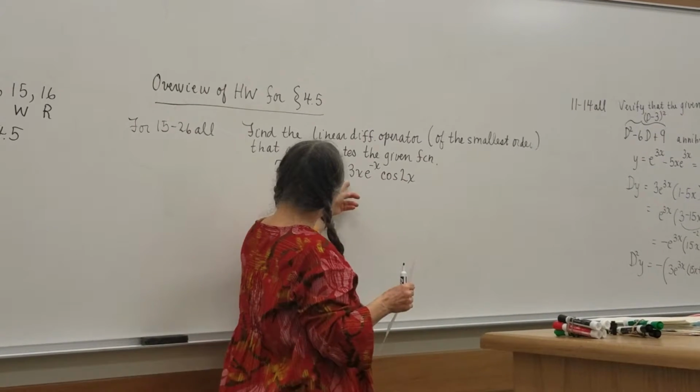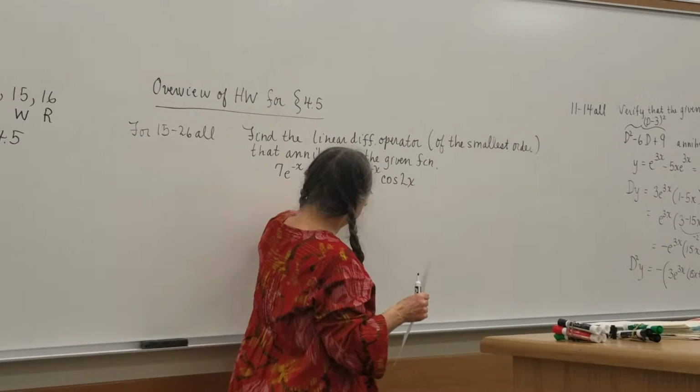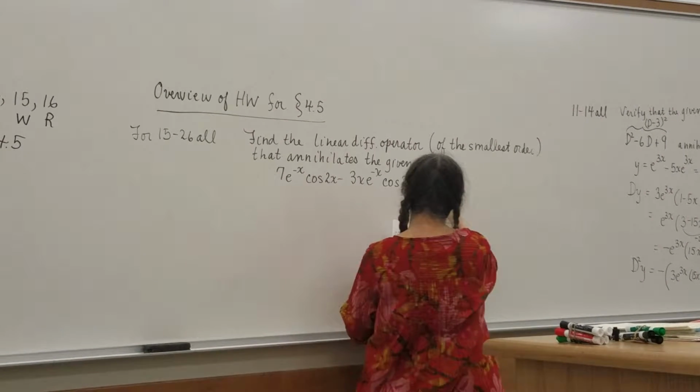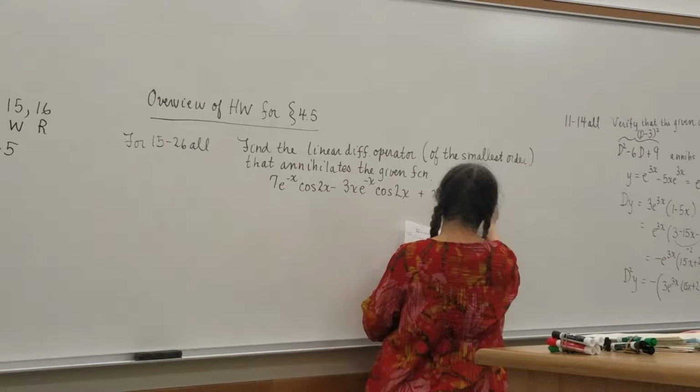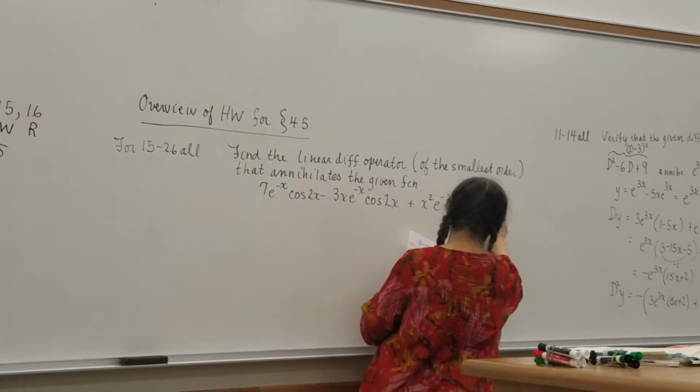The difference between those two is that this has an x in it. And then plus x squared e to the minus x sine 2x, like that.